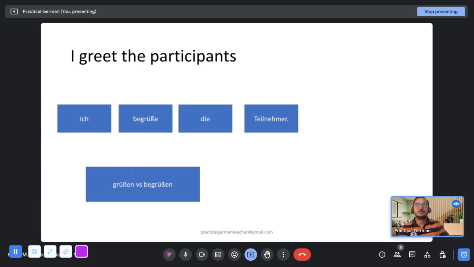So, what is the difference between grüßen and begrüßen? No one is going to ask you this in the exam, but it's good to know. Let's say someday one of you becomes the CEO of a big company, a listed company.